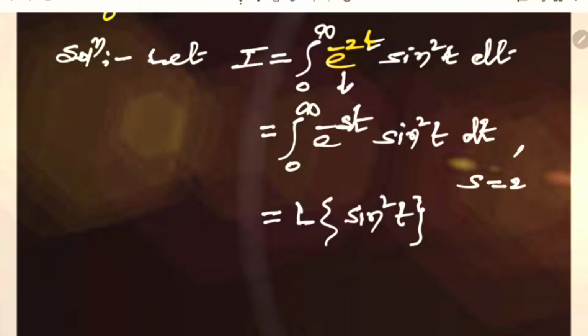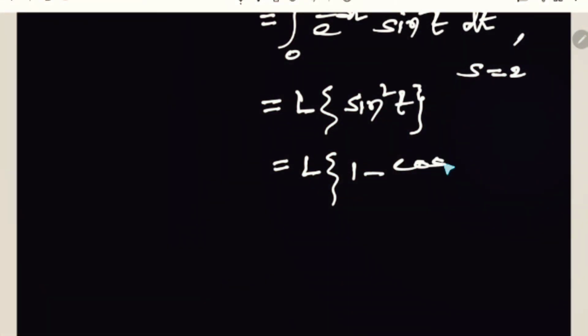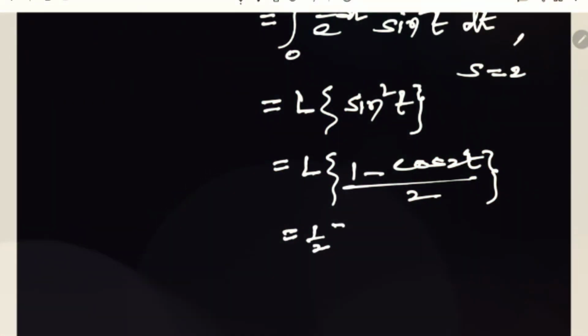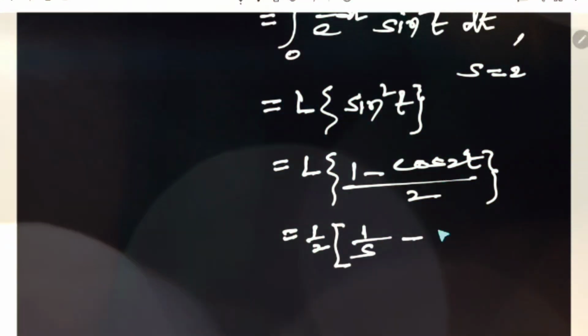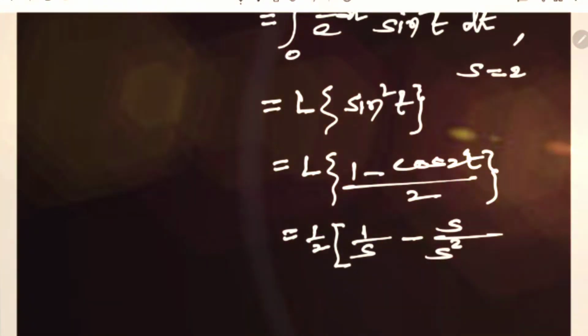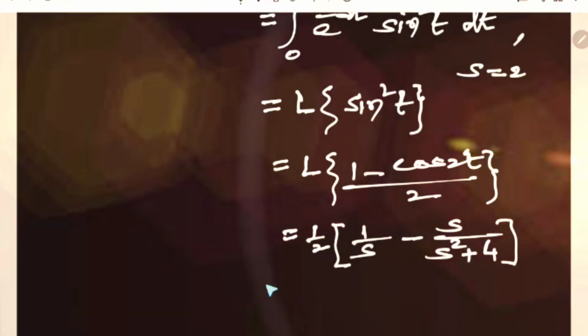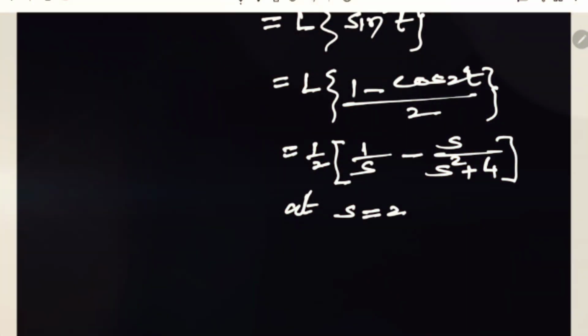To obtain the Laplace of it, we convert it as 1 minus cos 2t by 2, an equivalent result from trigonometry. 1 by 2 we take outside, Laplace of 1 as 1 by s minus Laplace of cos 2t as s upon s square plus 2 square, that is 4. And then we put s equals 2 in this step. At s equals 2, we get the required result.